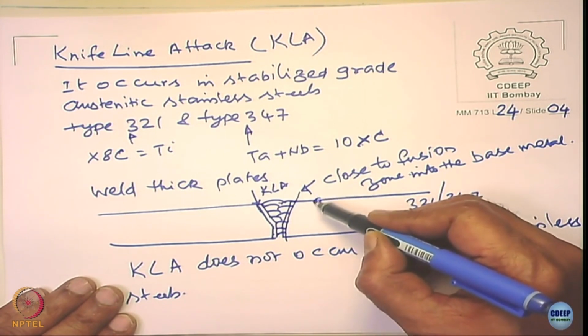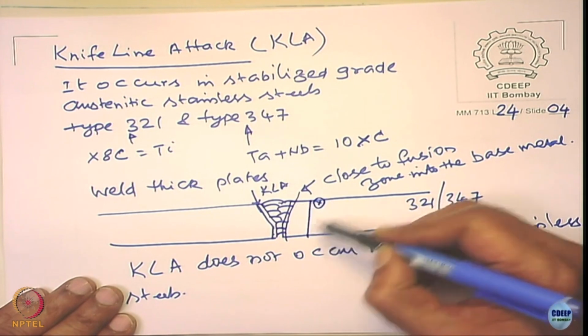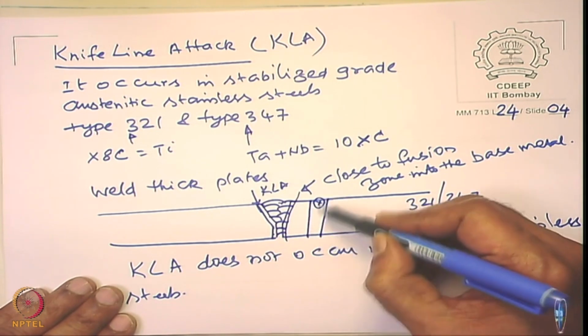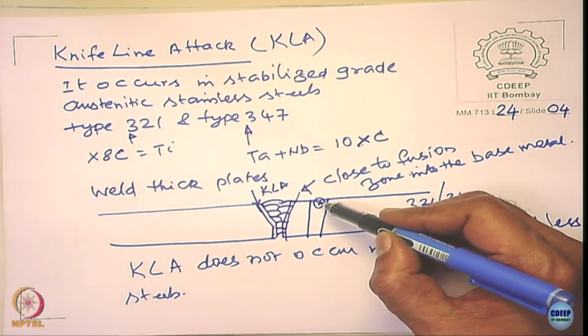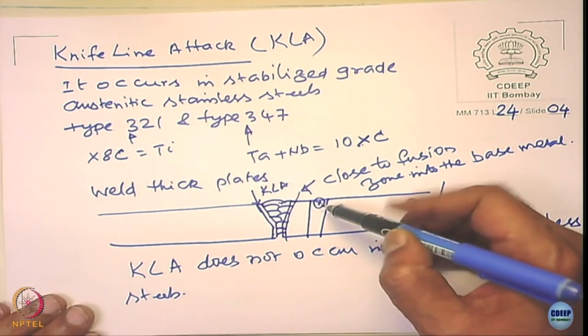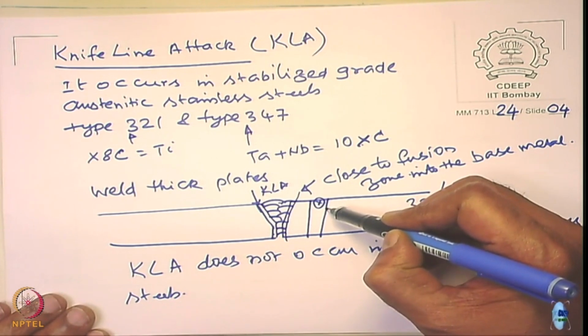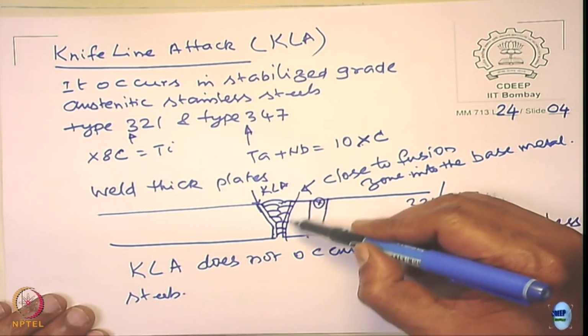In the heat affected zone, what happens here? In the so called welding zone, what happens here? Here the temperature is between 850 and 450, but nothing happens because the titanium carbide still remains as a titanium carbide, it does not dissolve, and so chromium carbide also will not form. So here you have no issue, right, here it dissolves.